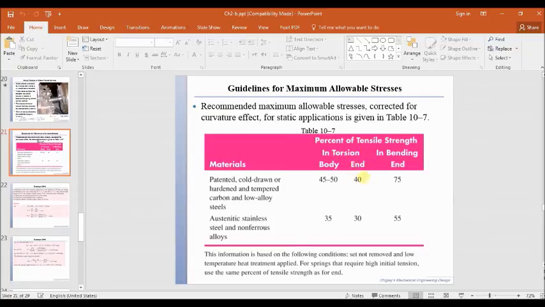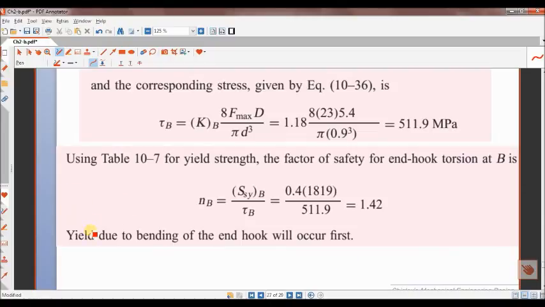So the torsional yield strength is 40% of the ultimate strength. That means I can write that SSY at location B is 40% of ultimate strength. I use this parenthesis and B to differentiate from the torsional yield strength in the body of the spring. So the safety factor at location B is 1.42.